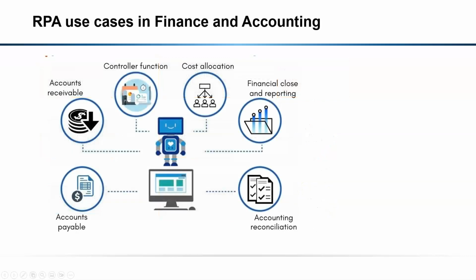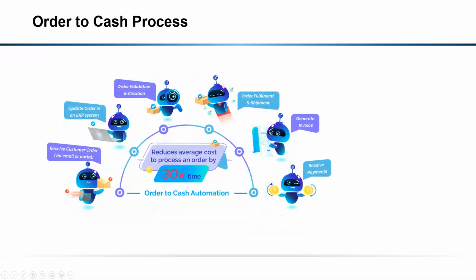And even RPA use cases in finance and accounting. We just spoke about accounts payable. What about accounts receivable and cost allocation and reporting? They can be used there also. Order to cash process: there are a lot of steps involved, receiving a customer order, updating the order in the ERP system, order verification, then order shipment, and then invoicing and receiving payments.